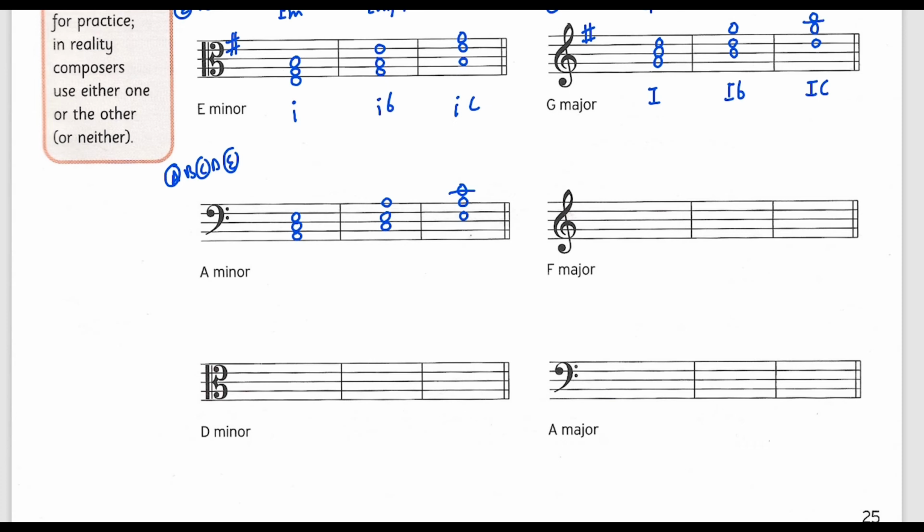So this is the first one. This is A minor. Then this is A minor C. And this is A minor E. This is small numeral number 1, B, and 1, C.